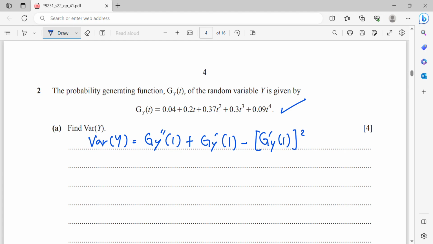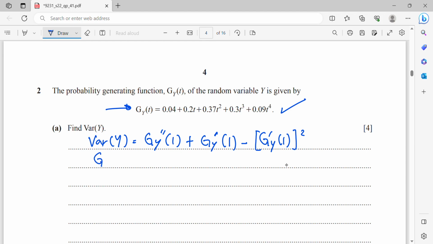That is the formula for variance Y. GY prime 1 means the first derivative, and GY double prime means the second derivative, which means now I need to differentiate GY(t).